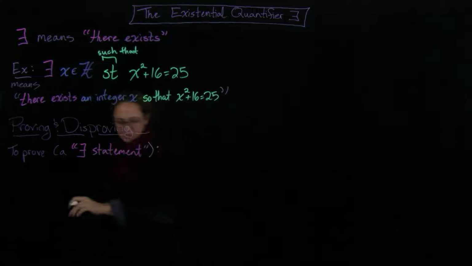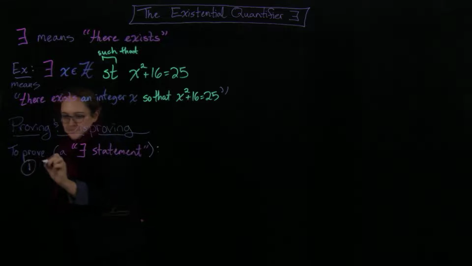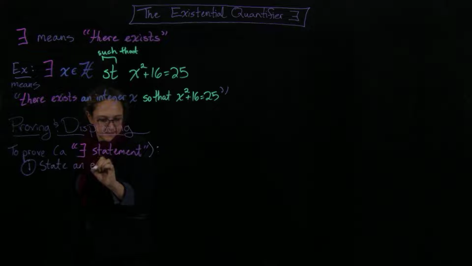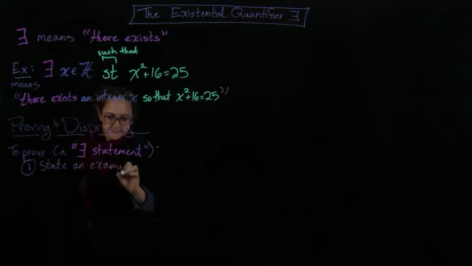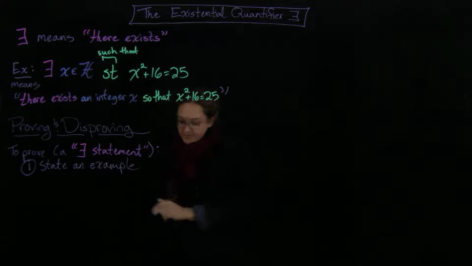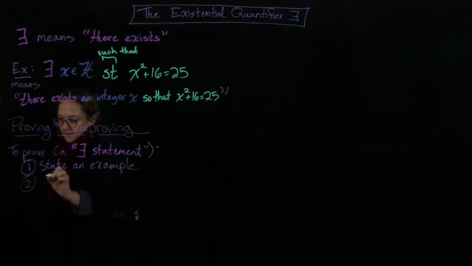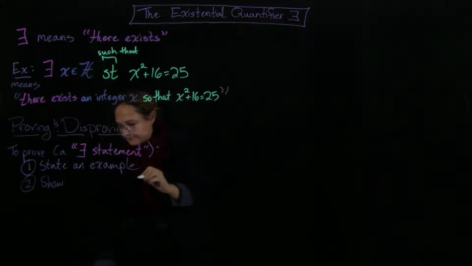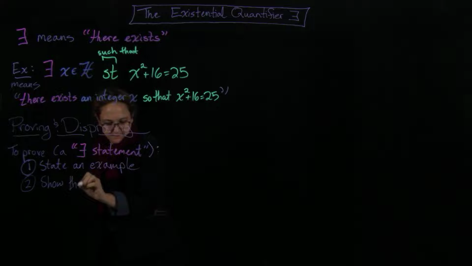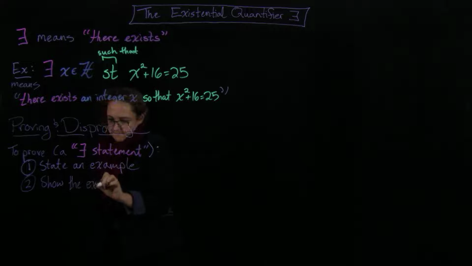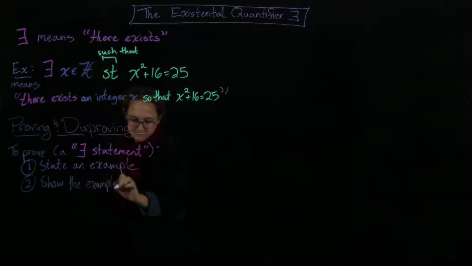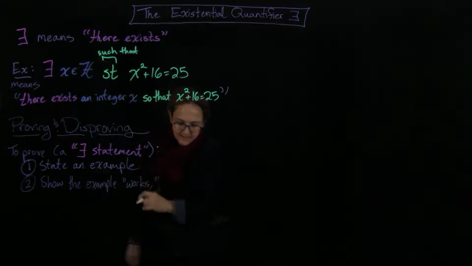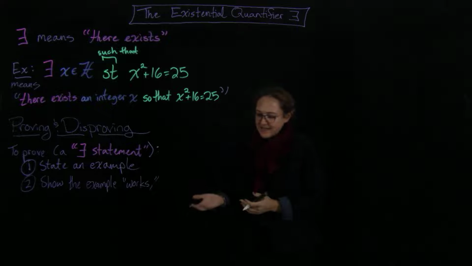The first one is to state an example satisfying the properties, and then show that this example does indeed work, i.e., that it satisfies all the desired properties.